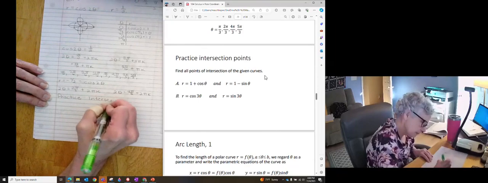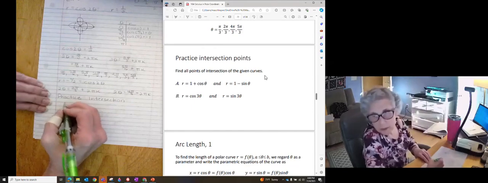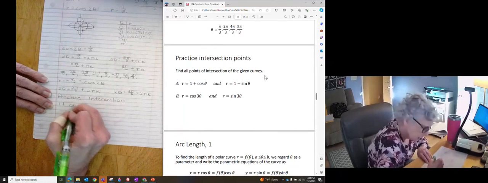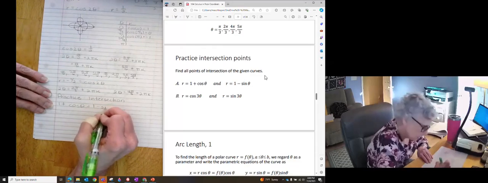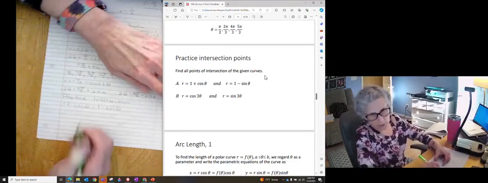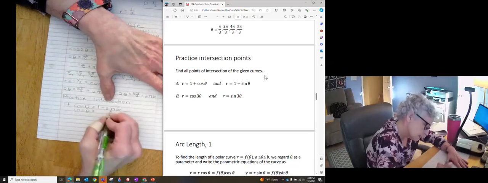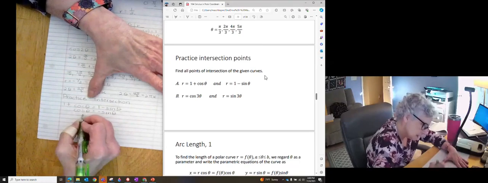Intersection. Set them equal to each other first. So 1 plus cosine theta equals 1 minus sine theta. Subtract 1 from each side. Cosine of theta is equal to the negative of sine theta.